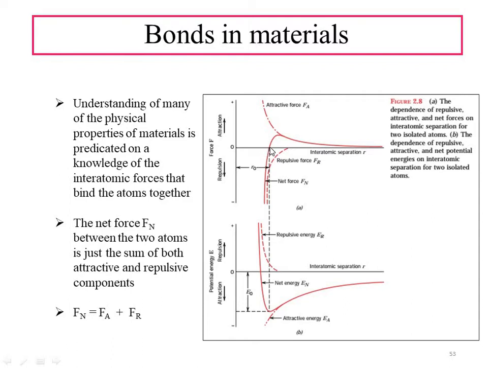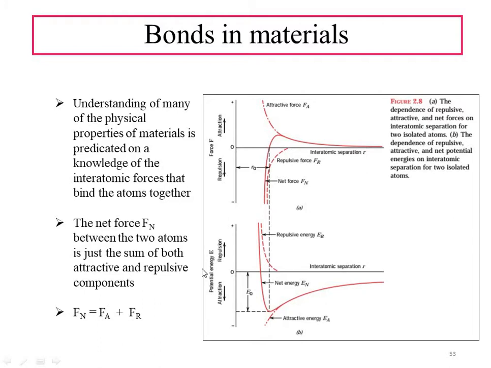At this portion where the net force is 0, we want to see how it will act. This point where the net force is 0 is known as the stable position. At that position the compound or molecule will be stable.